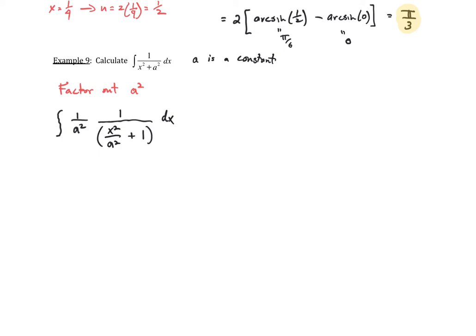So in the next step, I'm going to do a few things. The first thing I'm going to do is factor out this 1 over a squared out of my integral completely. So I have a 1 over a squared out in front. The next thing I want to do is interchange the two terms on the bottom. So I'm going to put the 1 first.